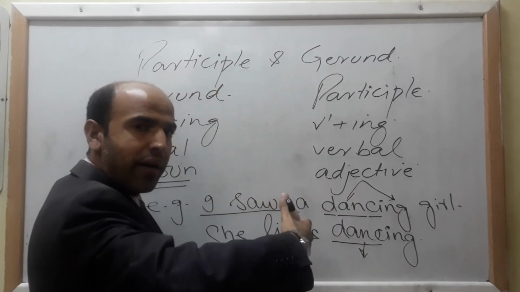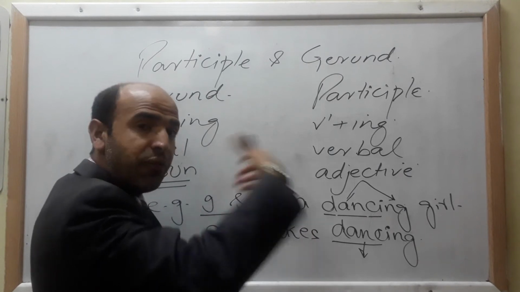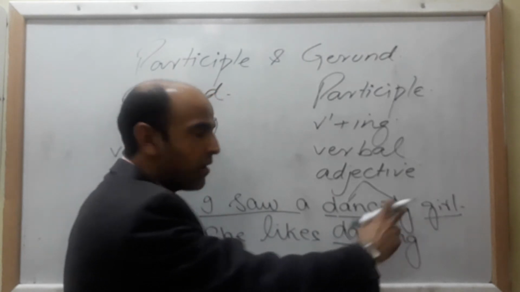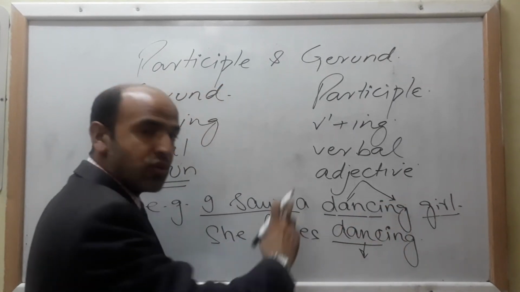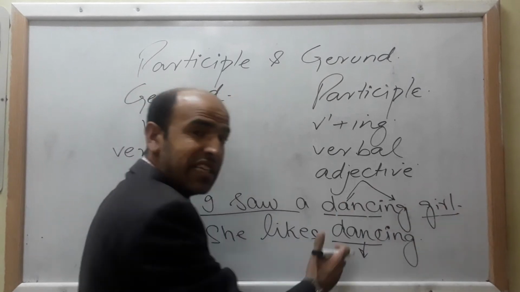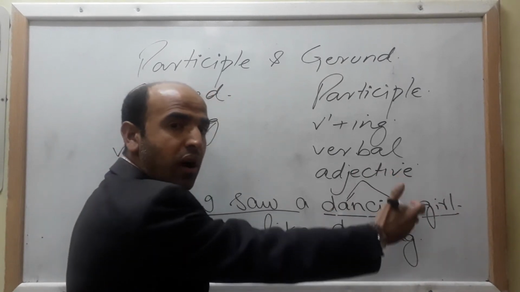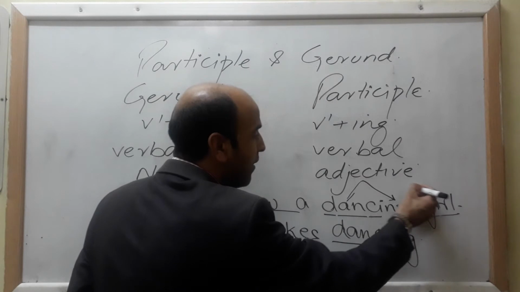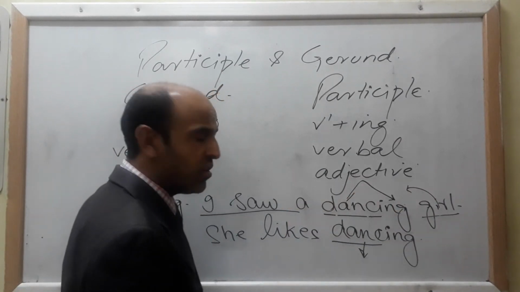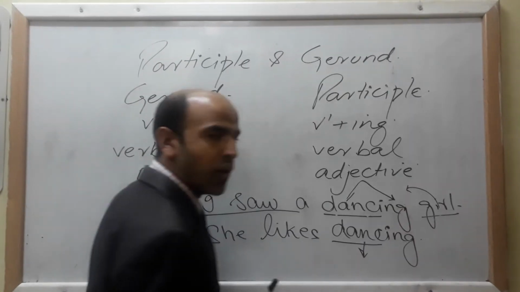Now the function of an adjective is to tell you more, to modify, to signify your noun in a sentence. Here, girl is your noun. As you know, your adjective precedes, or comes before, your noun or a pronoun. So here, girl is your noun, and dancing, V1 plus ing, is telling you something about your noun.